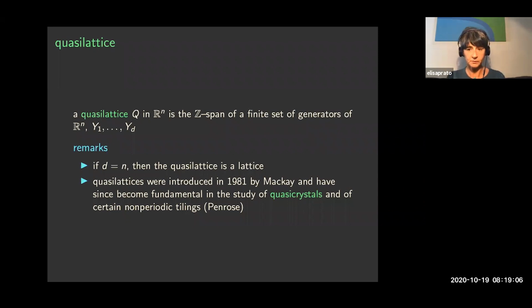Parallel to the theory of quasicrystals is the theory of non-periodic tilings, and quasilattices are also fundamental in certain non-periodic tilings, namely Penrose tilings.